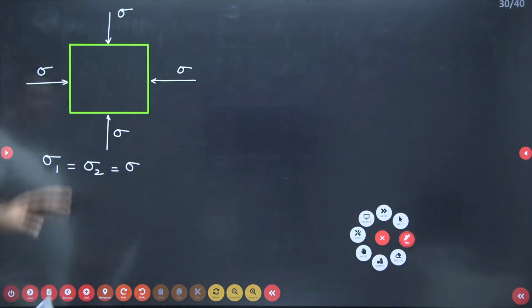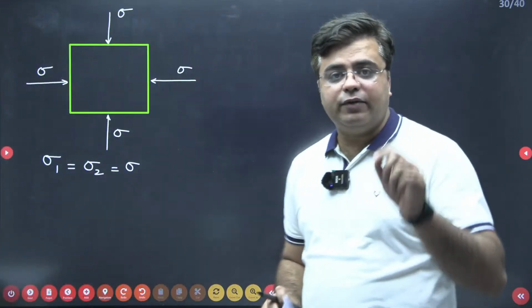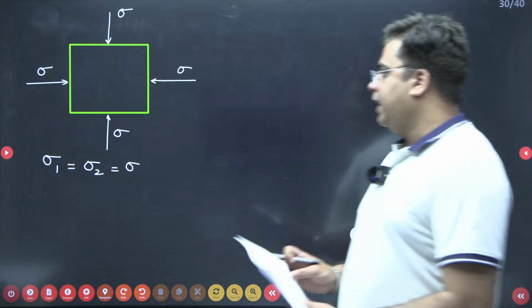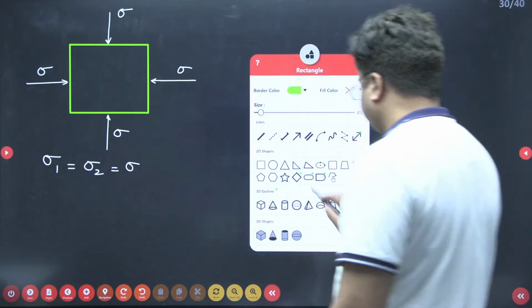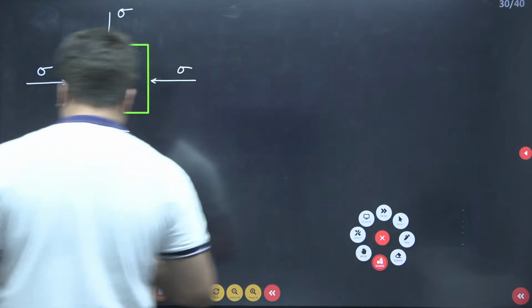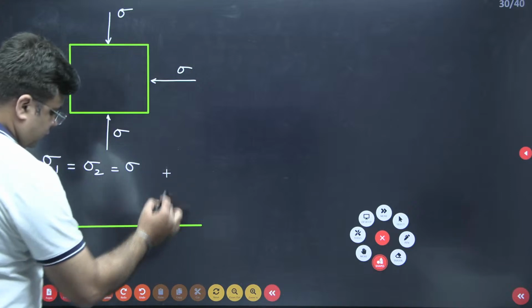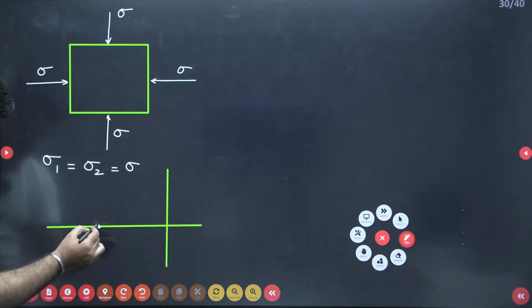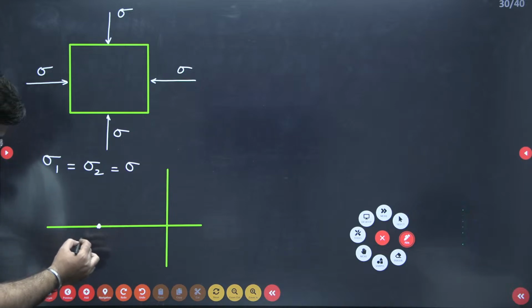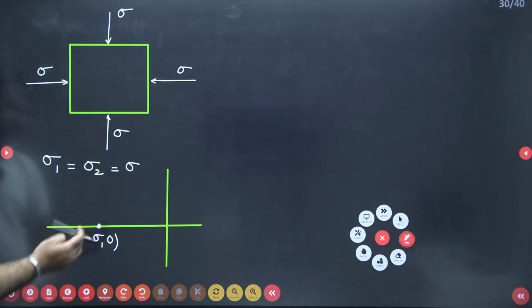So for this state of stress, if you plot the Mohr circle, it will be a point circle and the center will be at minus sigma comma 0. This is the center, minus sigma comma 0. And this will be a point circle.